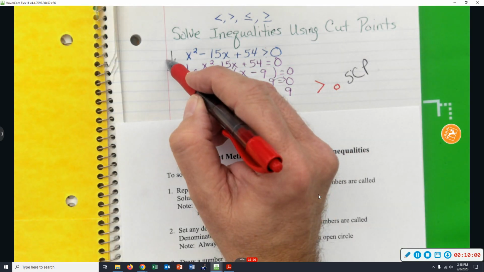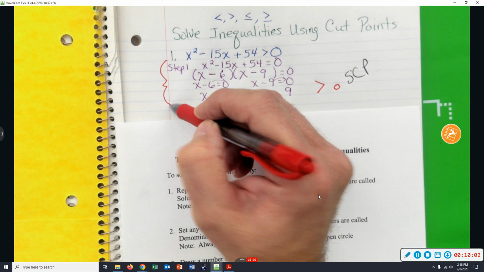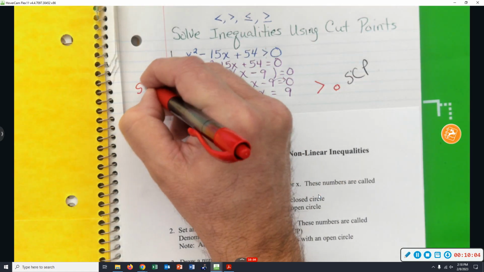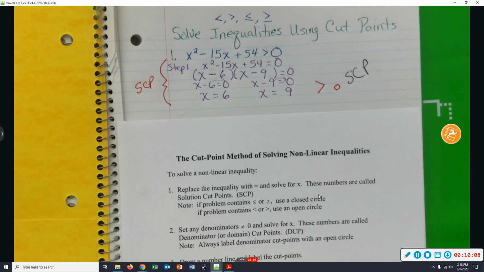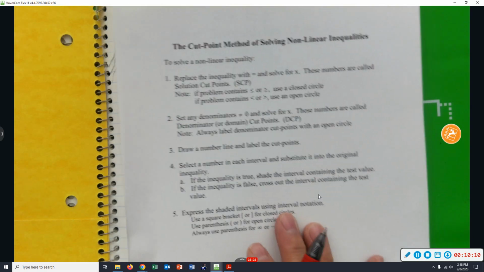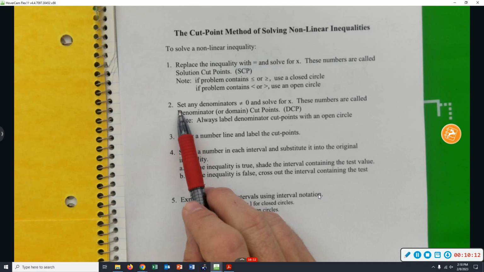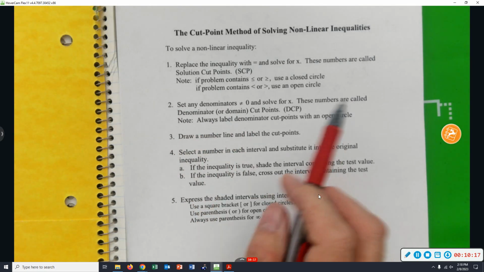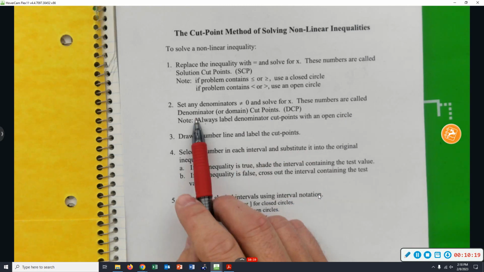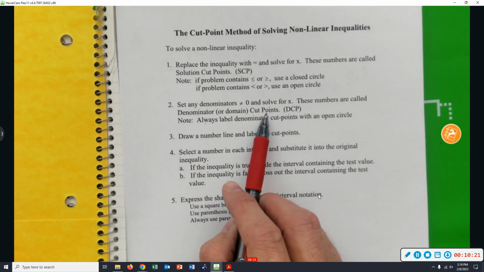Instead of saying step 1 after this, I'll just be labeling SCP for solution cut point. Now, step 2, set any denominators not equal to 0. Solve for x. These are called denominator cut points.